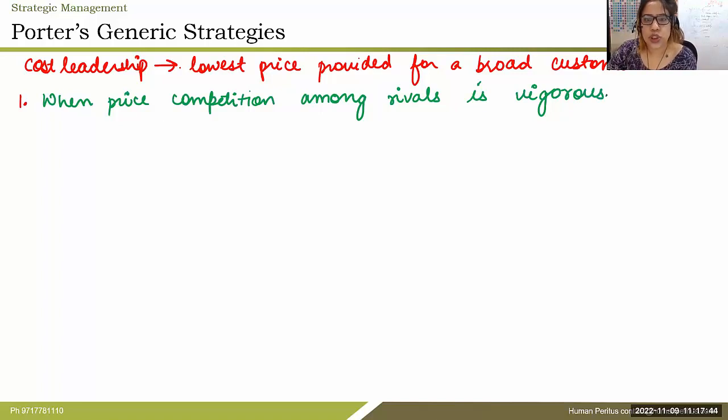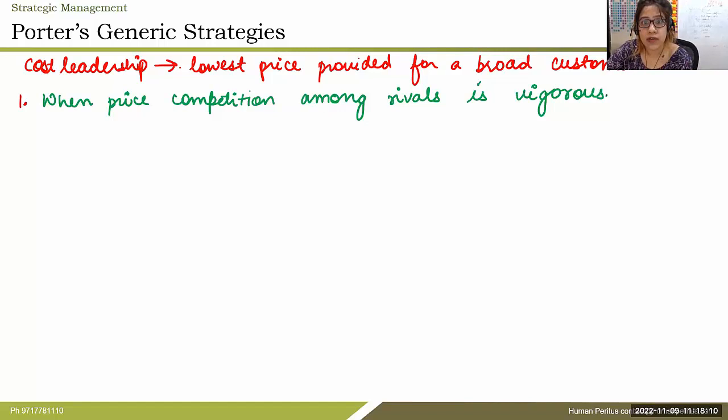When price competition among the rivals is vigorous, say I am providing at 95 and they are providing at 96 rupees, any budget. What if I suddenly drop my price to 85? Then I become a cost leader because my product is used by a broad customer base. And what I have done is I have lowered my price, 85 rupees.